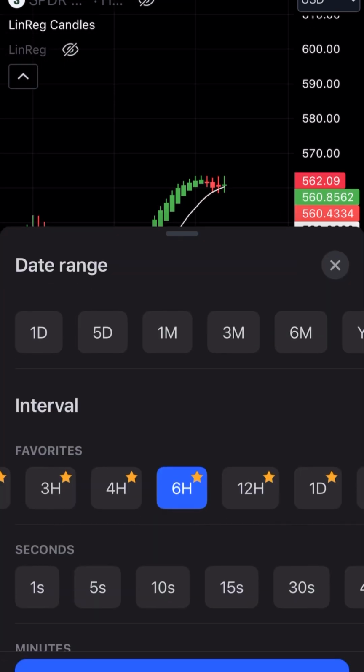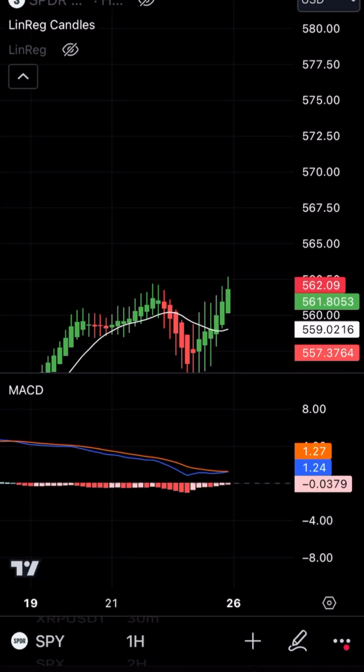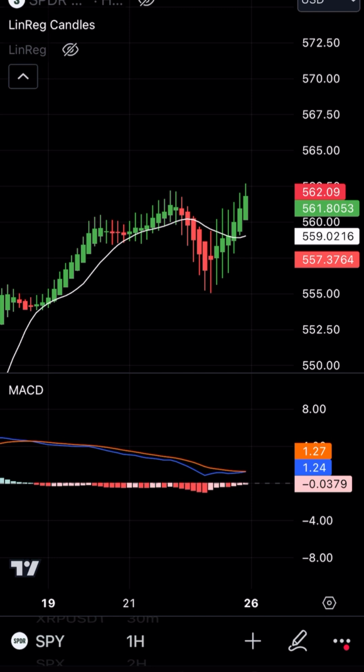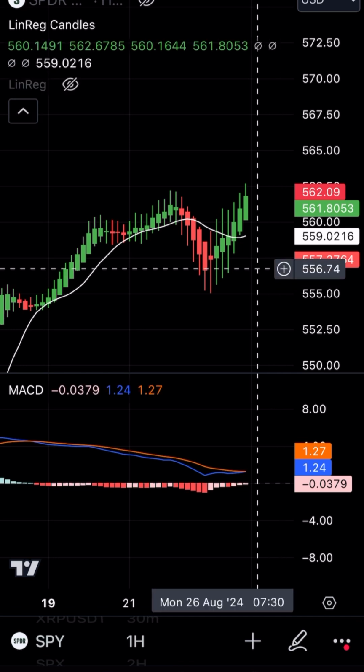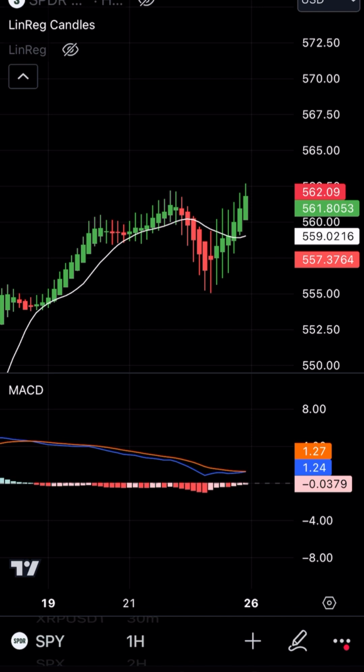If you don't see it on the 6 hour, look at your hour and see what direction it's going. Right now the market is closed, but for the last couple of days it was up. So knowing that the direction is going up, that's what you're going to focus on.